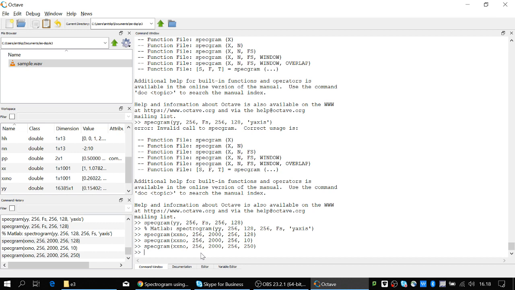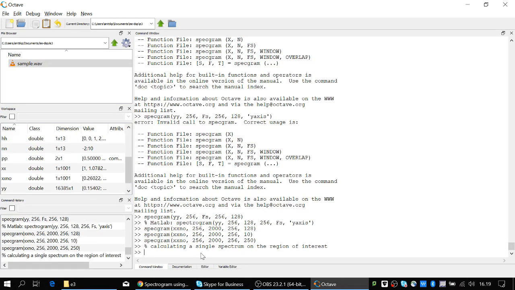And now how to calculate a single spectrum on the region of interest. So I will take a look at my XXNO and their values from 1000 to, well, 1000 plus 512, for example.